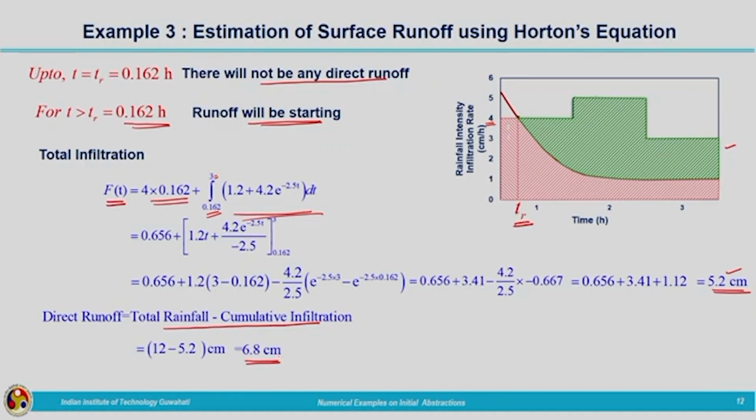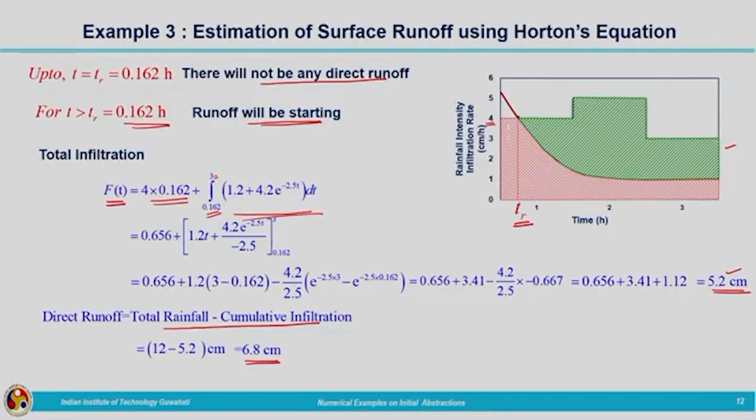So, by making use of infiltration equations, whether it is Horton's equation or Green-Ampt equation or Phillips equation, if the parameters corresponding to those equations are available to you, you can calculate the cumulative infiltration. That cumulative infiltration, if you deduct from the total rainfall value, you will get the direct runoff.